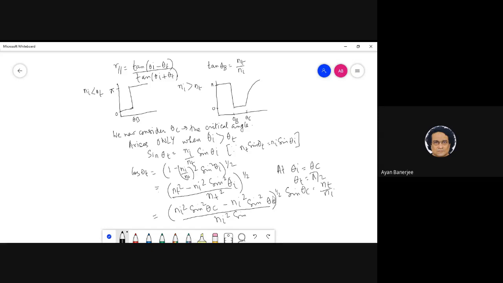I am keeping this general, so this is theta I, because I am looking at all angles. This is essentially the same, sine squared theta c. This bracket is full.